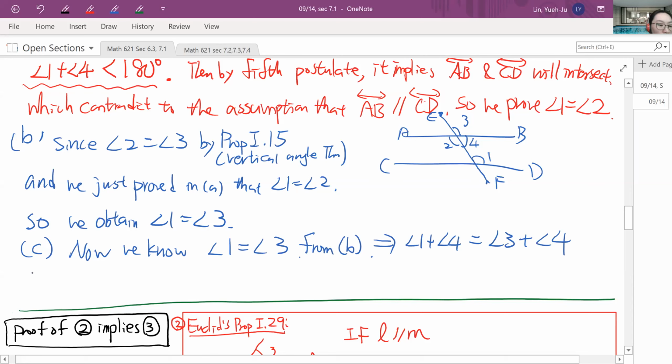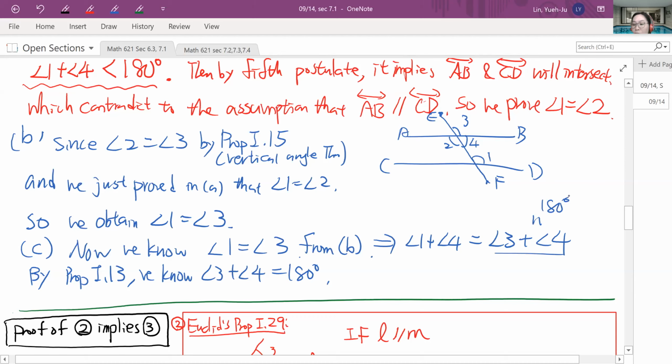And by proposition 1.13, the supplementary angle proposition, 3 and 4 are supplementary to each other, so 3 plus 4 is 180. This is already known by the existing proposition.